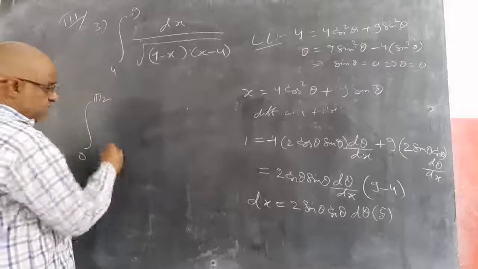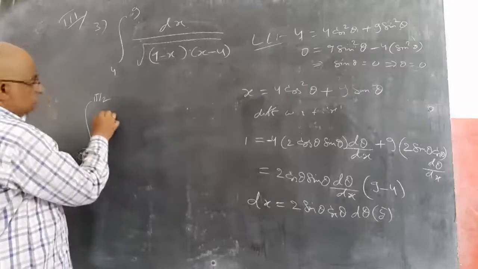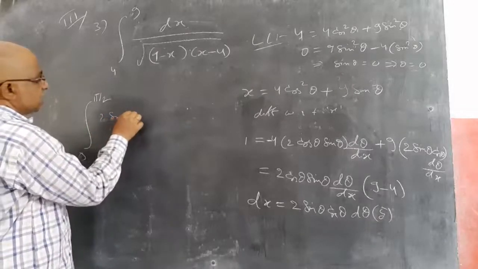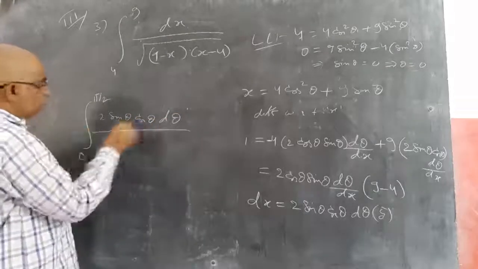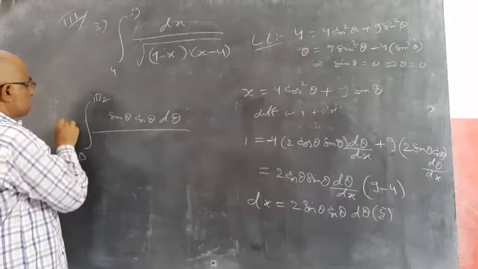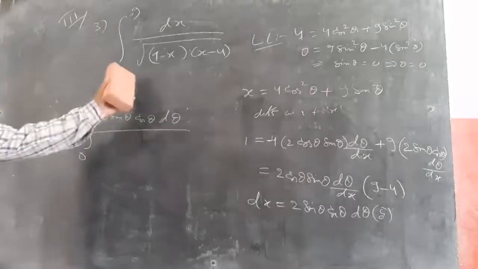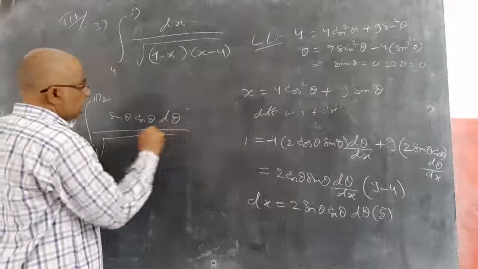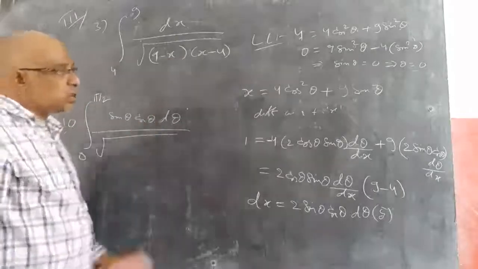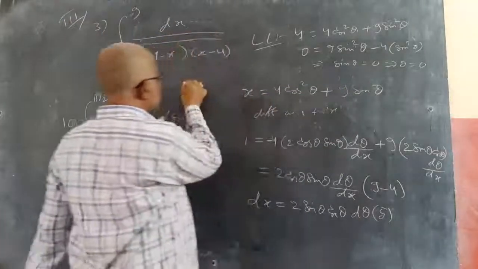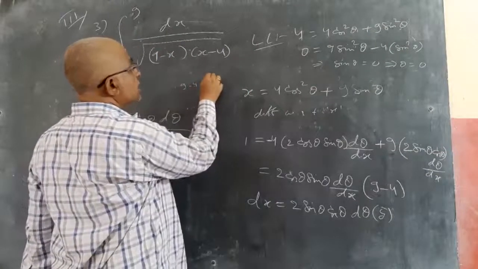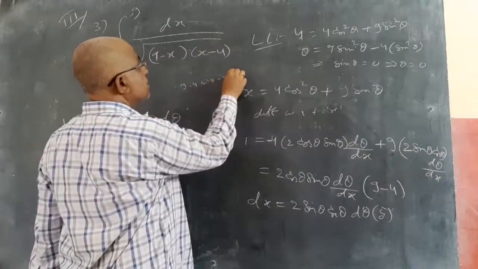In place of dx, I need to write 2 sin theta cos theta d theta, into 5. That 5 into 10 I will write outside. Then this is root of 9 minus x. So 9 minus this becomes 9 minus 4 cos square theta minus 9 sin square theta.